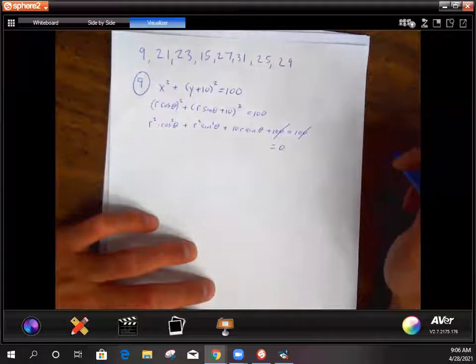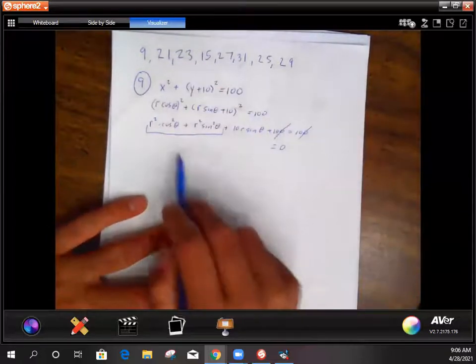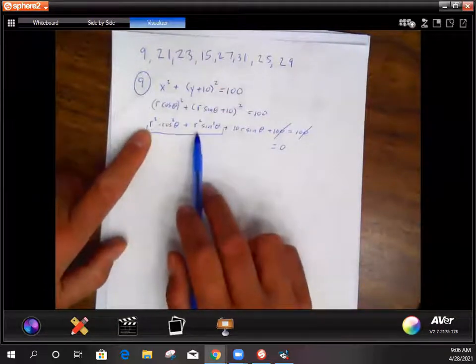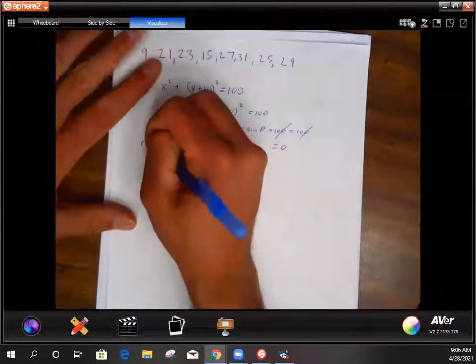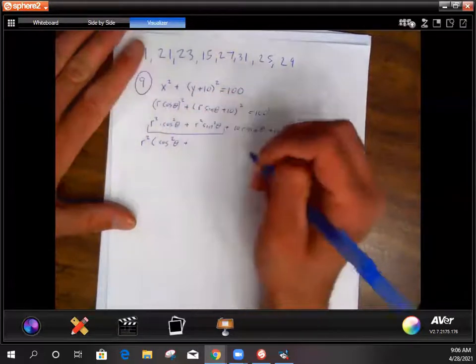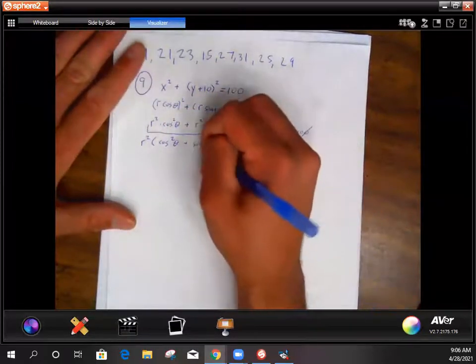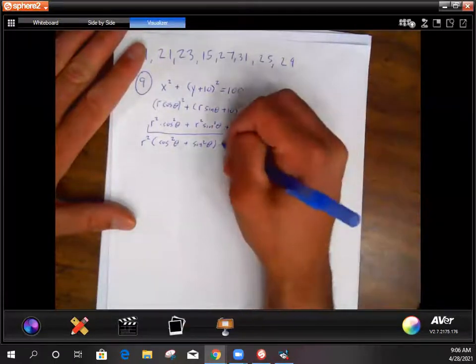Now for this part, I noticed a common factor of r squared with these two terms. If you factor that out just with those two terms, you get r squared times (cosine squared plus sine squared), and that's going to equal 1, so that's nice.